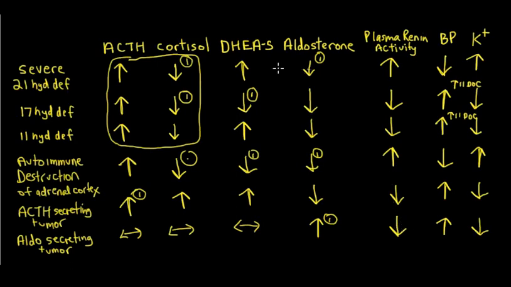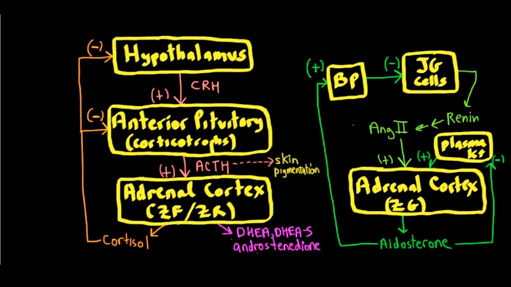Okay, so if you can work out these arrows by working out this feedback loop, that's really what you want to be able to do. Okay, and remember, when you're doing these, you want to start with where the problem is, right? So if it's a zona glomerulosa tumor making aldosterone, you start there, okay? If it's an ACTH tumor, you start with high ACTH, right? If you damage the adrenal cortex, you start with the low levels of cortisol and androgens and also aldosterone.